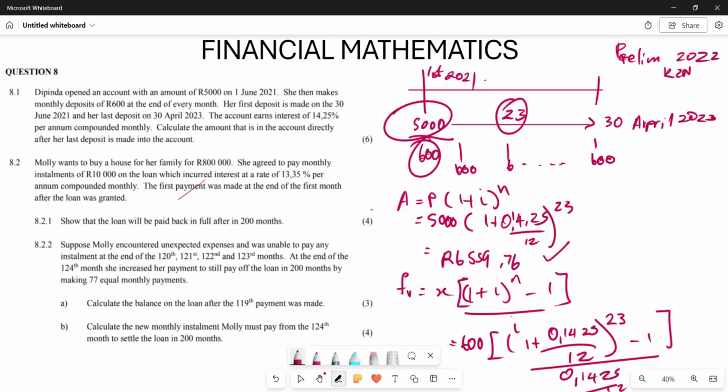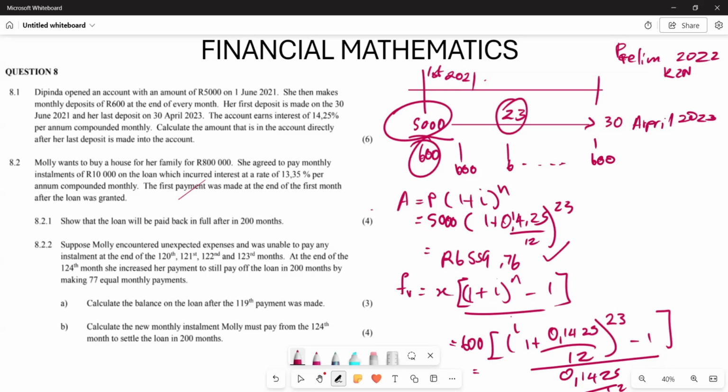Now, what is going to be the amount here? It is 600 into 1 plus 0,1425 over 12, then you close the bracket. Let's see from here.